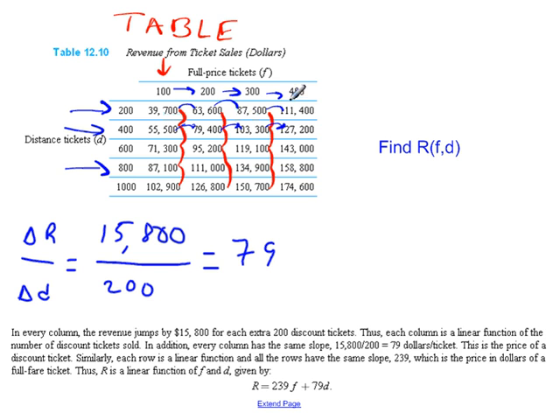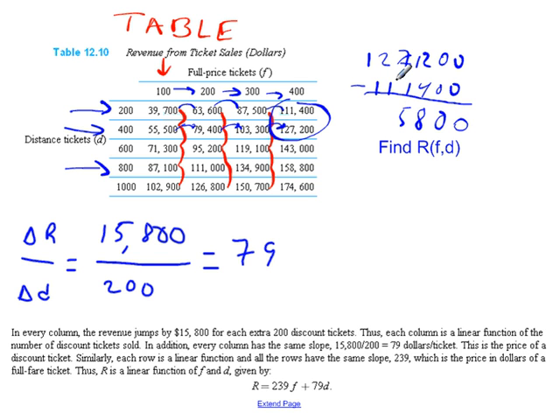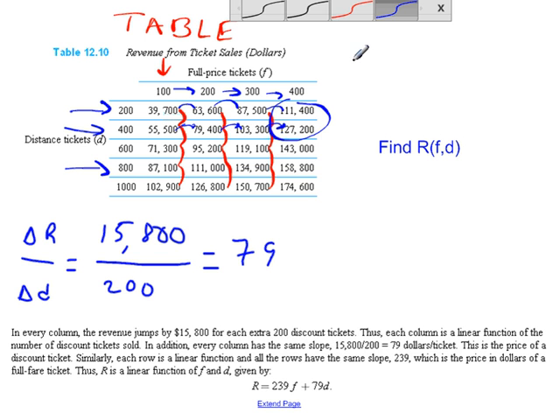So let's just, if I chose those 2 points, if I had 127,200 minus 111,400, doing some basic math here. Whoops, made a small little mistake there, because sorry, we're looking at the rows right now, not the columns.